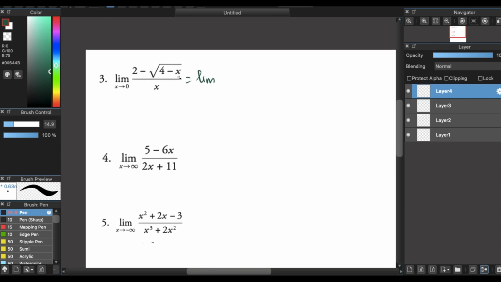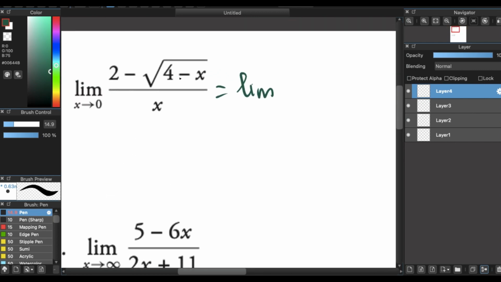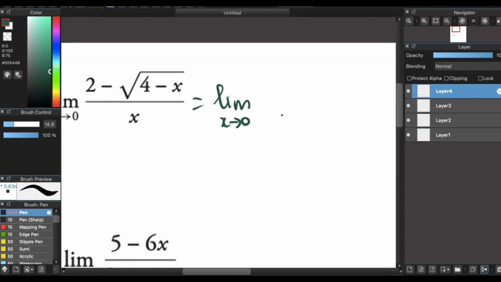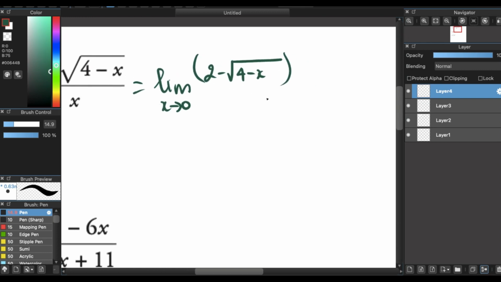So I'm going to alter the function a little bit. Here you go. I'm going to multiply both the numerator and the denominator with this. Just like that.